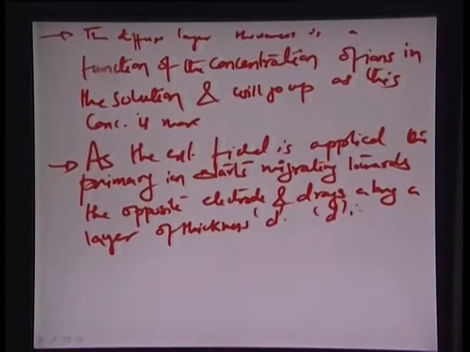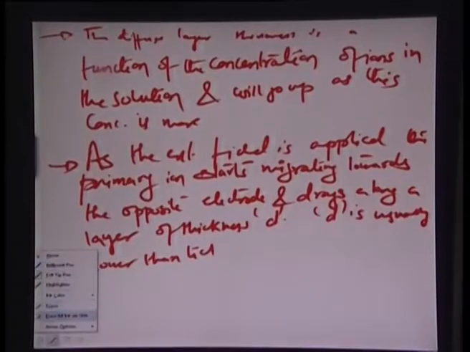This d is usually lower than the thickness of the diffuse double layer which the ion has.